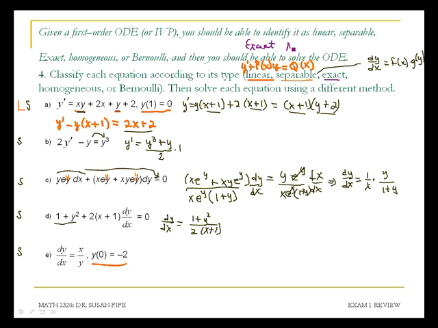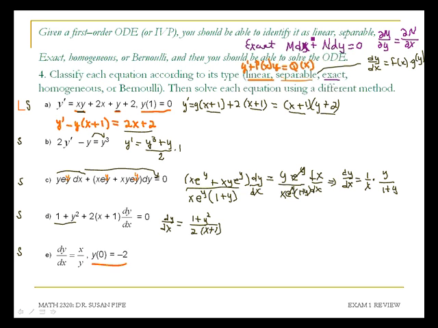To be exact, you want a function dx plus, actually this was dx, I think, in the book, plus another function times dy is equal to 0, and to be exact, the partial derivative of M with respect to y has to equal the partial derivative of N with respect to x.